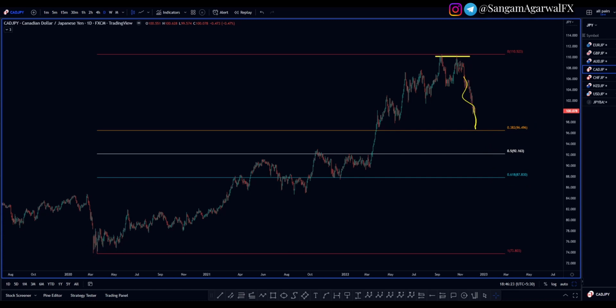So this trend will not stop until it hits any of these retracement levels. So the first support based on this retracement level is 96, 92, then 87. But this area 50 to 61 is strong support, and it has been tested as a support and resistance level in the past.